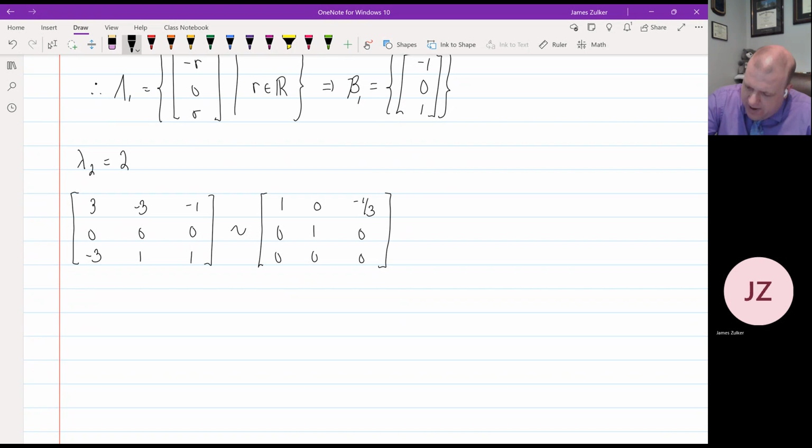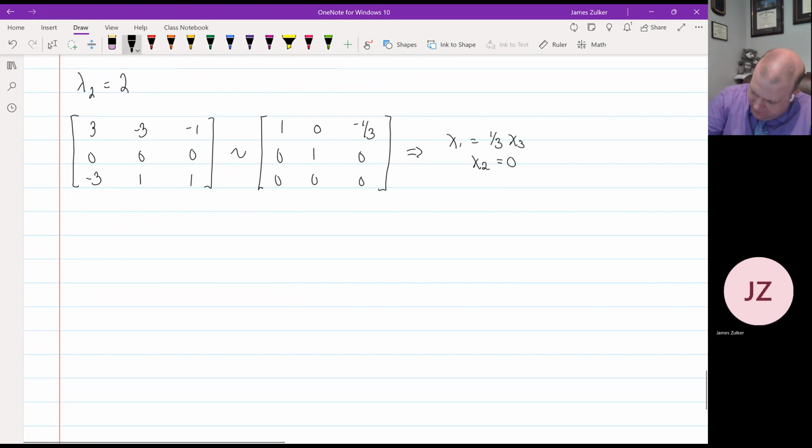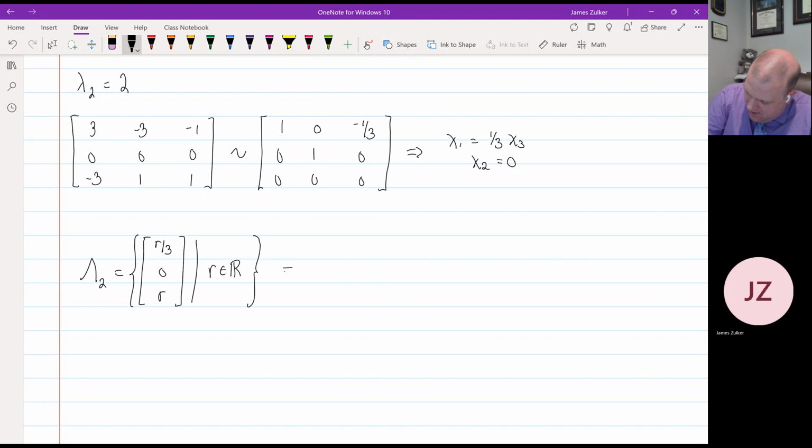And we can see already that this is not going to give us an eigenspace of dimension 2. We get that x1 is a third x3, x2 is 0. The eigenspace is the set of vectors of the form r over 3, 0, r, such that r is any real number.